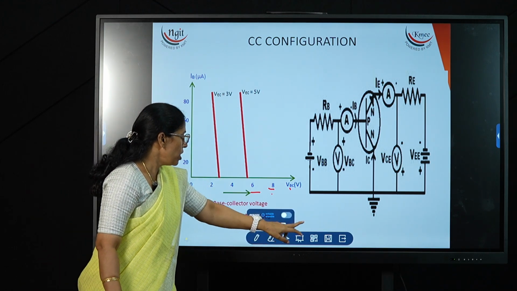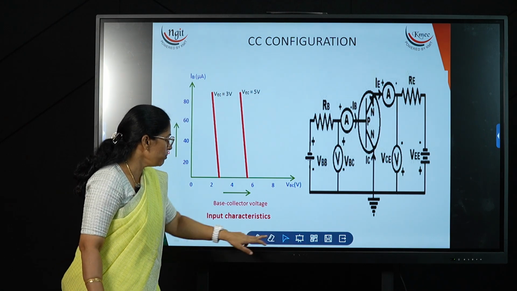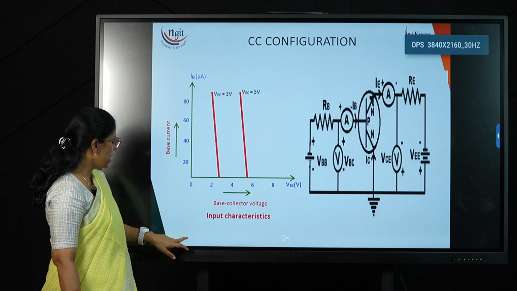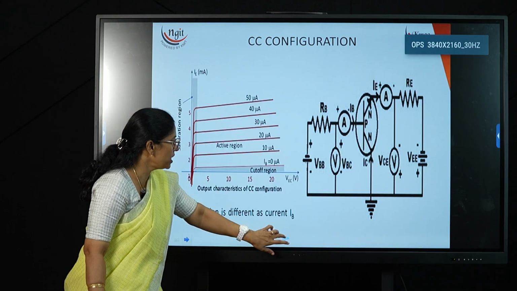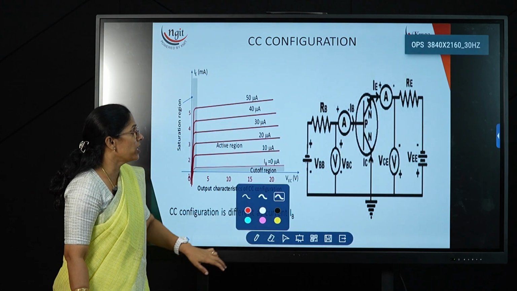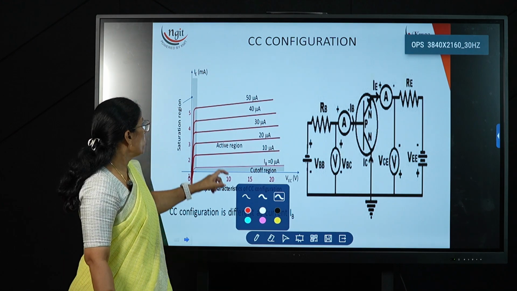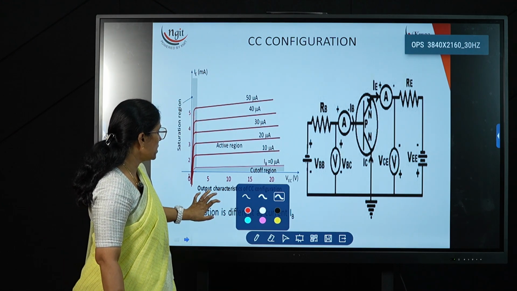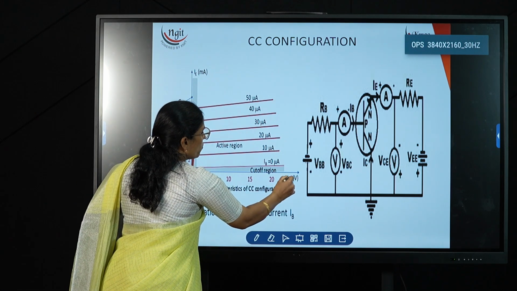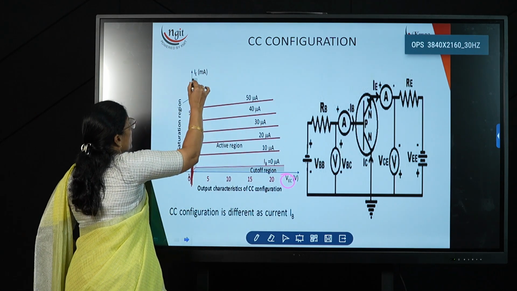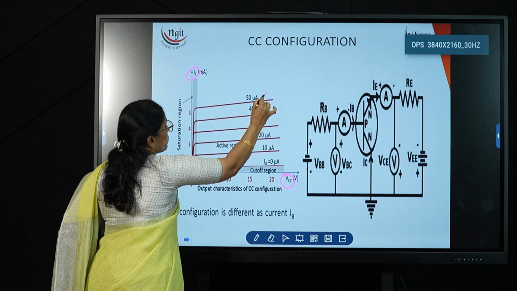Now coming to the output characteristics, how to obtain them? Same again, by keeping the input current constant and varying the output supply, and observing the output voltage and the output current. So here on the x-axis we have taken the output voltage VCE, and on the y-axis IE, keeping the input current, which is nothing but IB, constant.